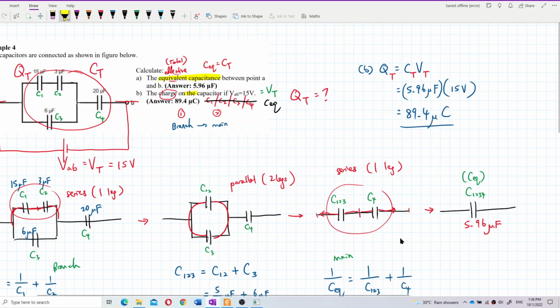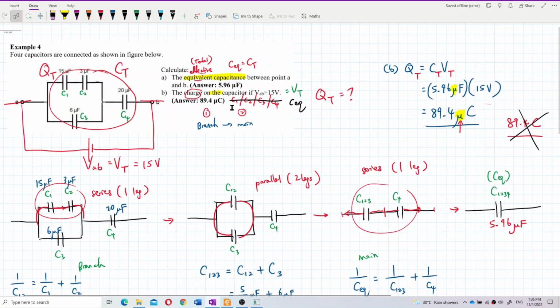Remember, because you have microfarad, you have microcoulomb. Don't put your answer as 89.4 coulomb, that is wrong. So the answer is 89.4 microcoulomb. That's correct.